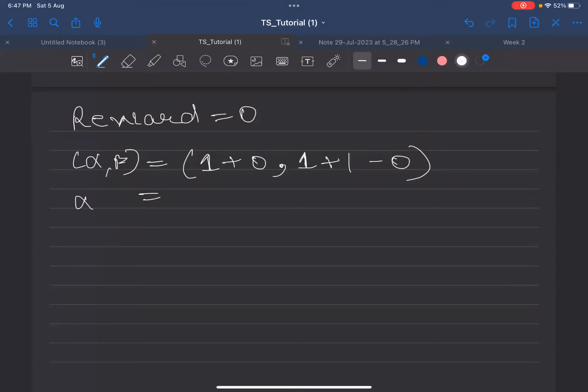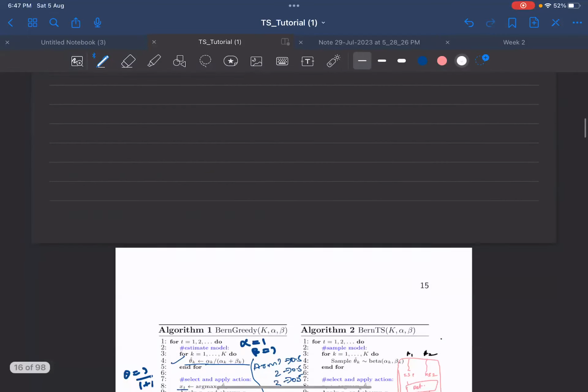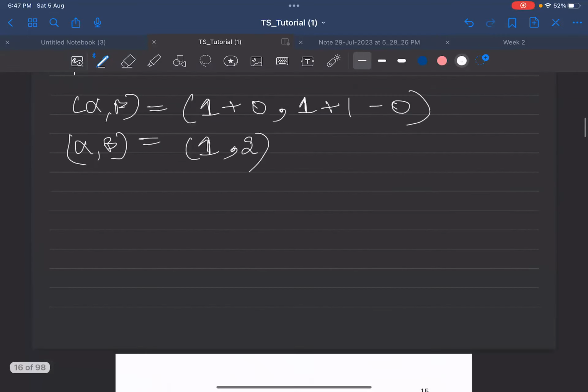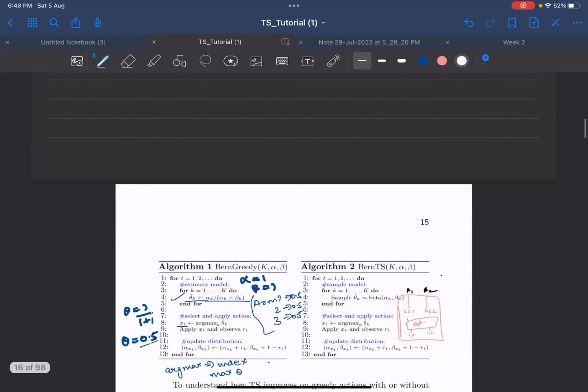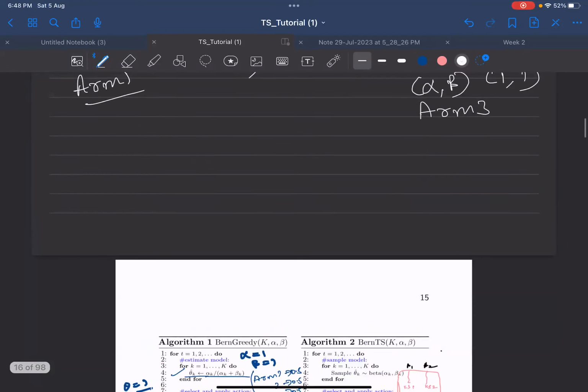So we got alpha, beta as 1 and 2. Others' alpha, beta is 1, 1. This is arm 2, this is arm 3, and this is arm 1. So now let us update its theta value.